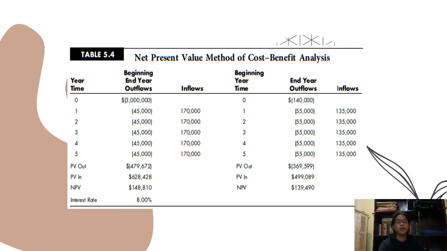Under the net present value method, the present value of the costs is deducted from the present value of the benefits over the life of the system. Projects with a positive net present value are economically feasible. When comparing competing projects, the optimal choice is the project with the greatest net present value.